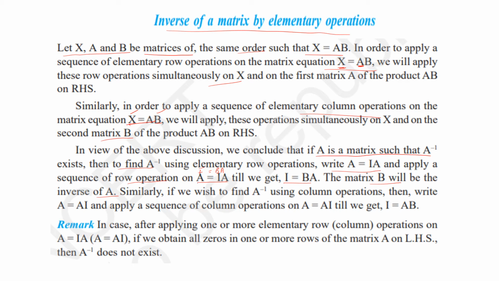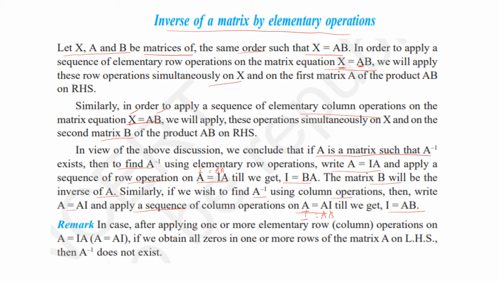Similarly, if we wish to find A inverse using column operations, then we write A as A is equal to AI and apply a sequence of column operations on A is equal to AI till A changes to I, with this A staying as it is and I changing to some B. So we apply column operations till we get I is equal to AB.